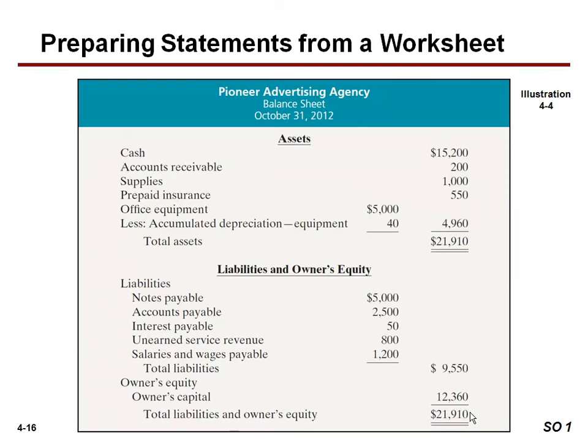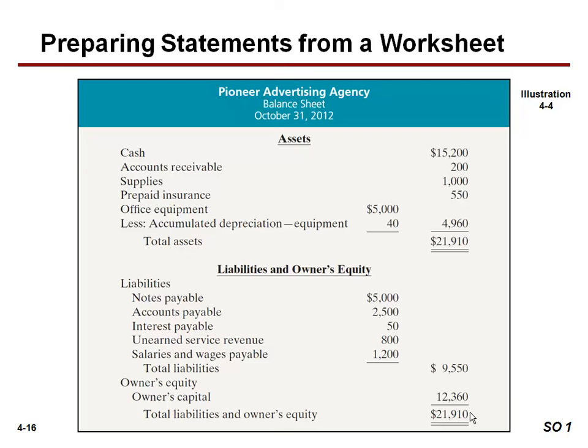The balance sheet then shows a balancing of total assets, $21,910, listed individually, equaling total liability positions and owner equity positions of $21,910. Note that the owner's capital balance of $12,360 is a single number used to balance our balance sheet, which comes from the equity statement.